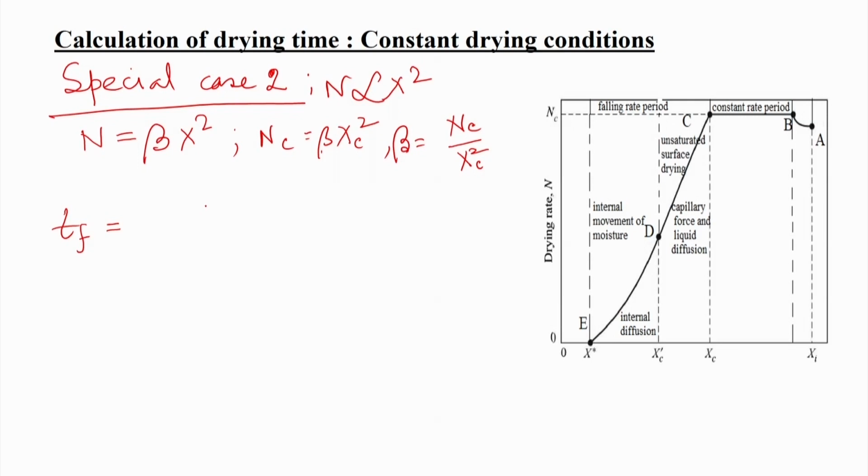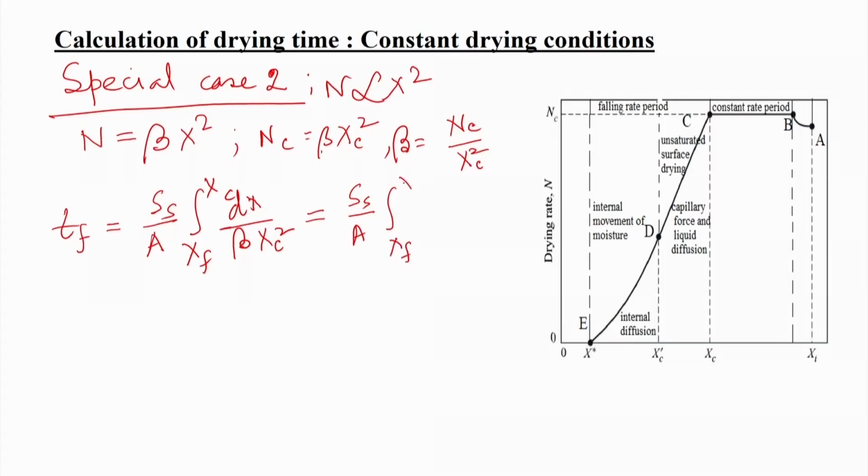whatever expression we obtained for case 1, we will put this beta value there. So, S_s by A, integration from x_f to x_c of dx by n, where n is beta into x square, so we get S_s by A integration x_f to x_c, keeping beta out, x to the power minus 2 into dx.